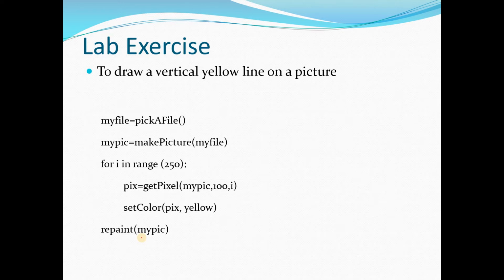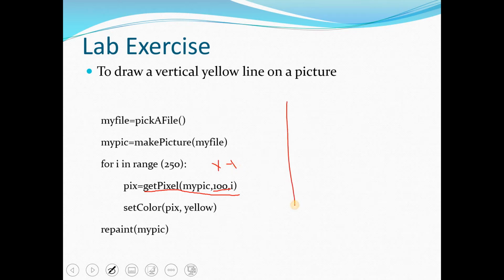I gave you the exercise that shows that inside a single for loop, when you try to change the pixels, you get the pixel and then change the color of the pixel. So here X is fixed whereas Y is changing.